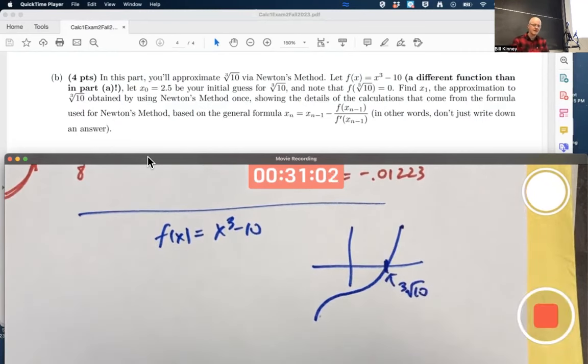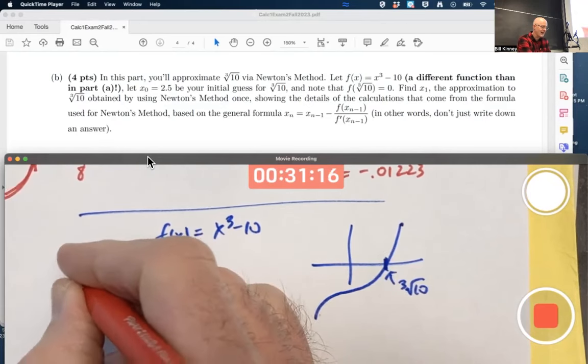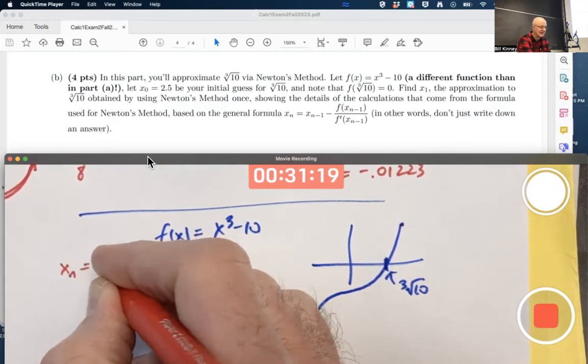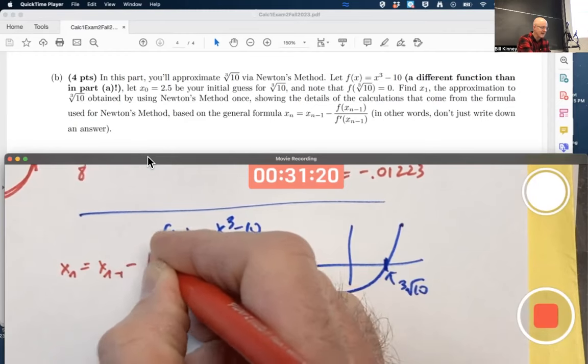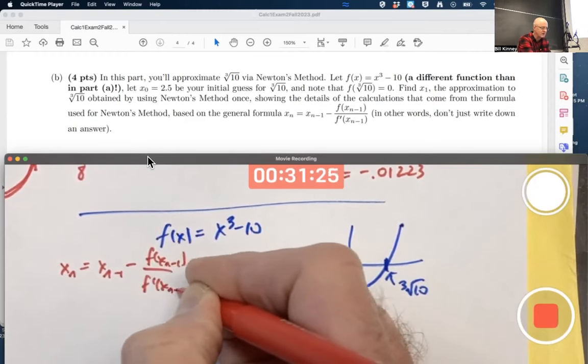Using Newton's method, I told you the Newton's method formula. If I put this on the final, I might not tell you. Should put it on your note card. It's a recursive formula. Xn equals xn minus 1 minus f of xn minus 1 divided by f prime of xn minus 1.